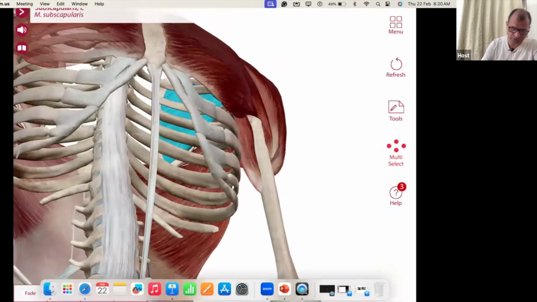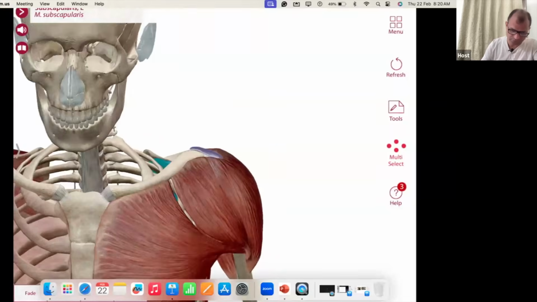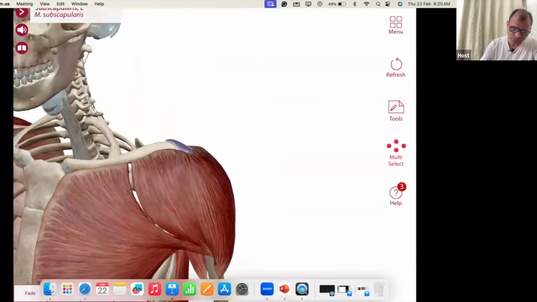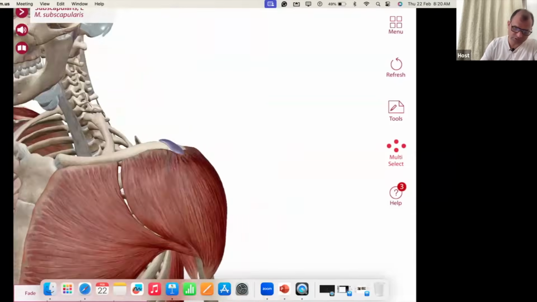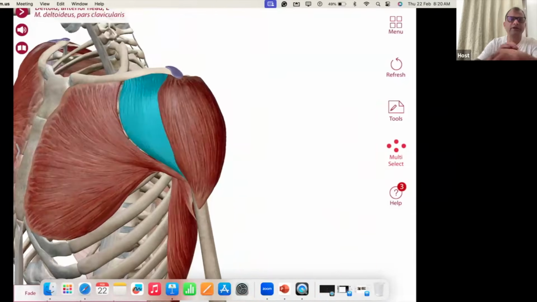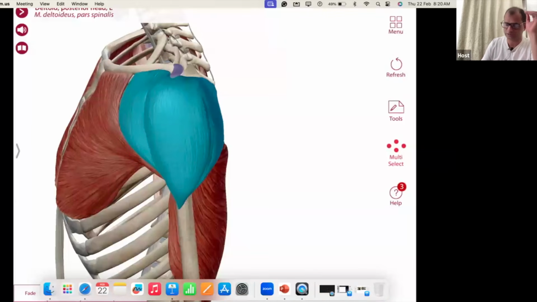This is the subscapularis on the front side of the scapula. Then the deltoid muscles: the anterior fiber of the deltoid, the middle fiber and the posterior fiber of the deltoid muscle. These are the three parts of our deltoid muscle. You can also just write deltoid.